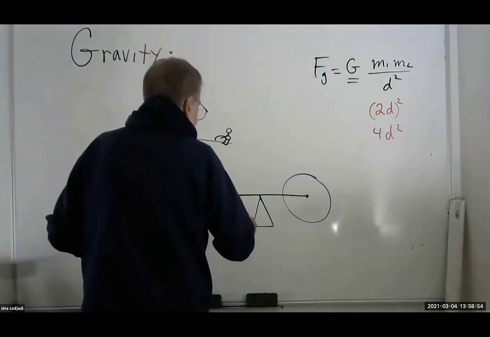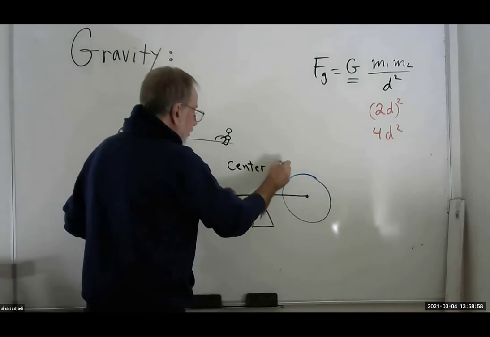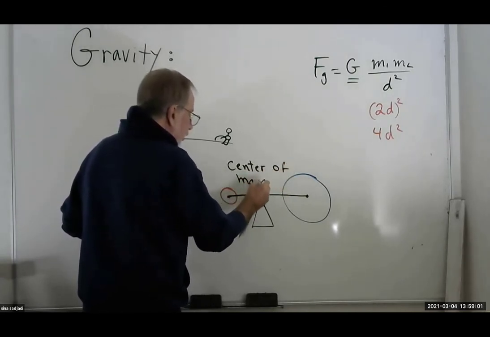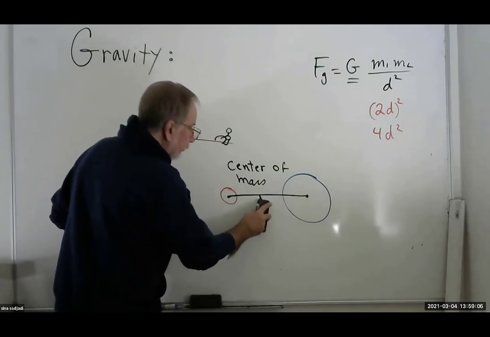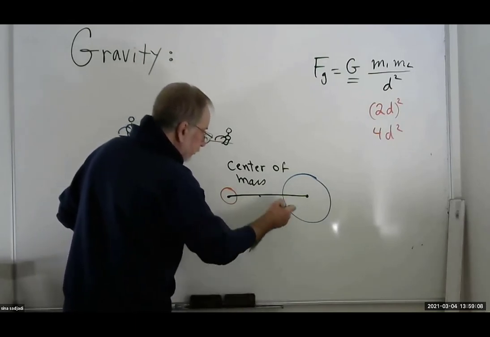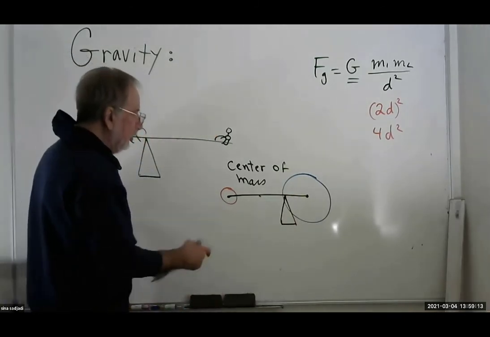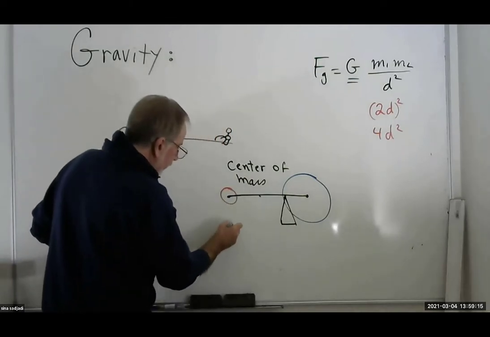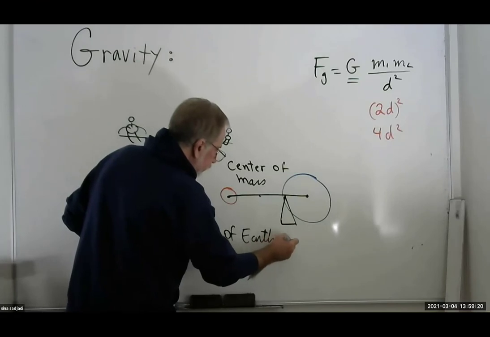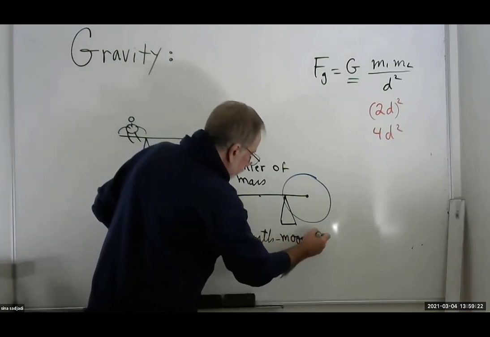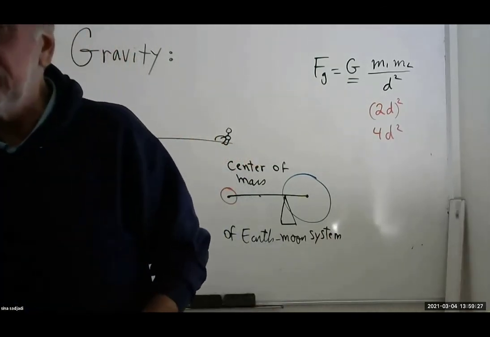So it turns out that the center of mass of the earth and the moon ends up being inside of the earth. Over here. Like that. So that's the center of mass of the Earth-Moon system.